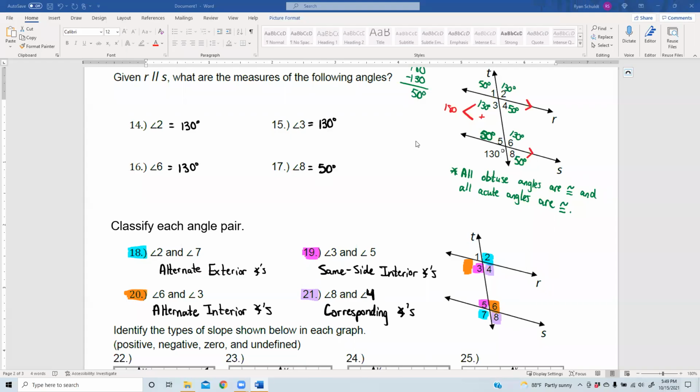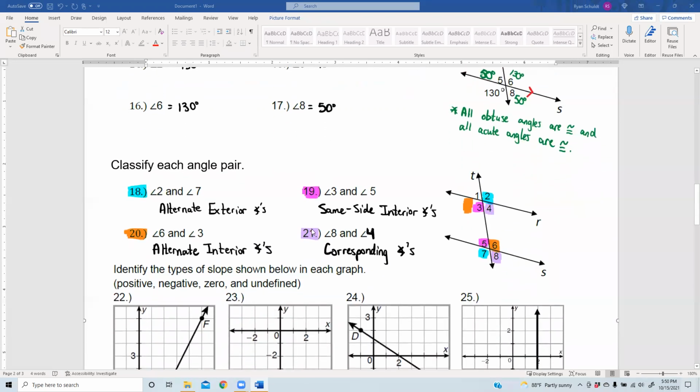Okay, I got the directions good now. So we said, I don't know why they said not multiple choice up here. It's gone. And then this one, we're just classifying the angle pairs. So that one is now fixed.